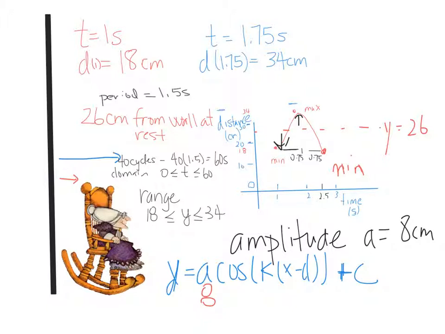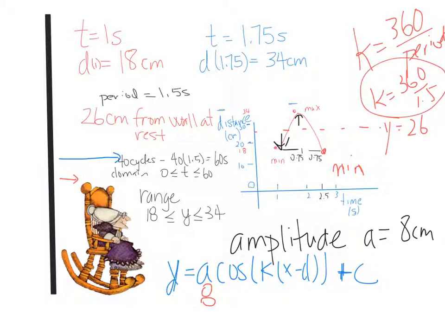We find k by using k equals 360 degrees divided by the period in the function given. Looking at our period, we already figured out it was 1.5. So k equals 360 divided by 1.5, which is 240.